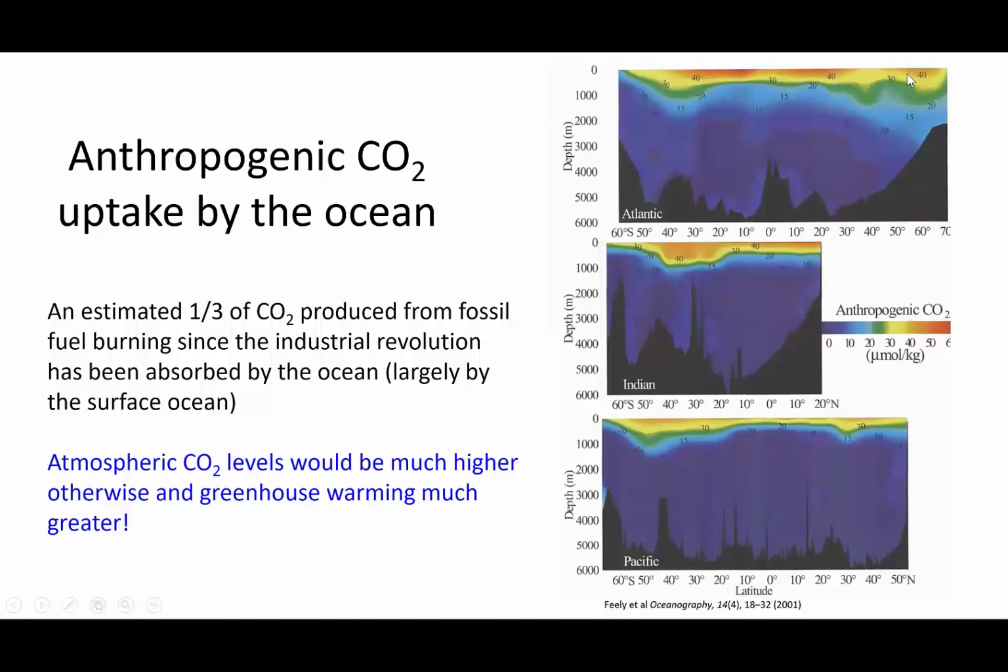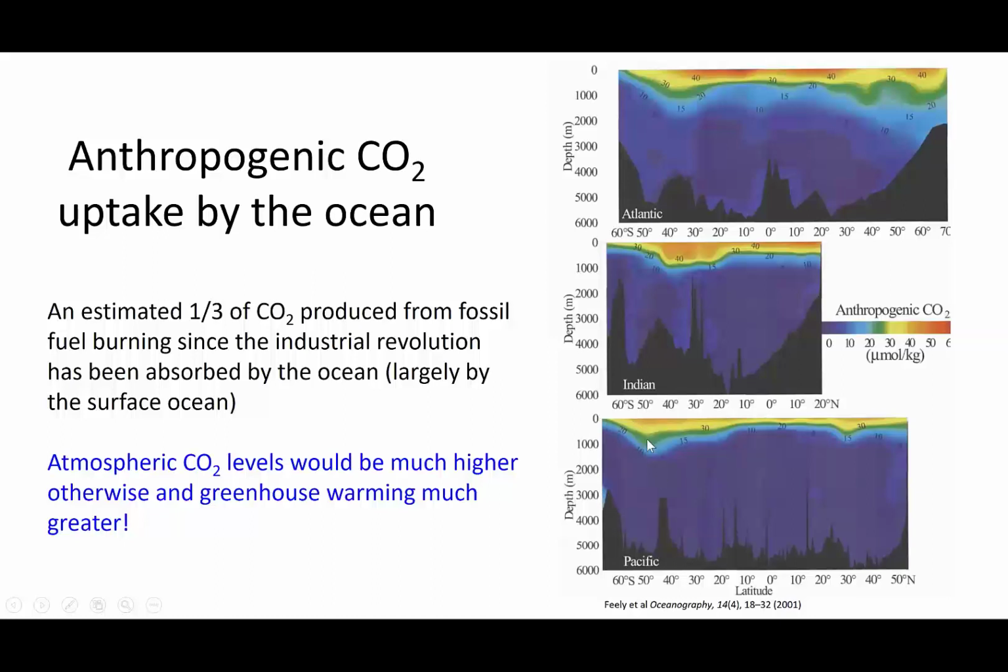But you can see also that here in the high latitude North Atlantic, you start to see the North Atlantic deep water formation in that region already beginning to bring anthropogenic CO2 into the deep ocean. And it's a little bit off the side of this plot, but you can just capture the Antarctic bottom water also bringing in CO2.